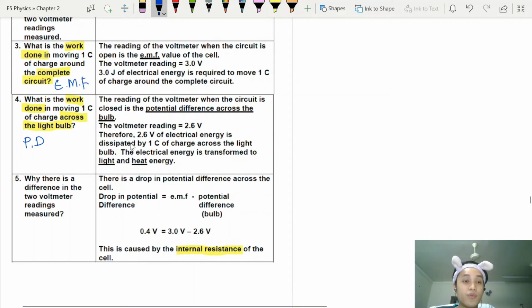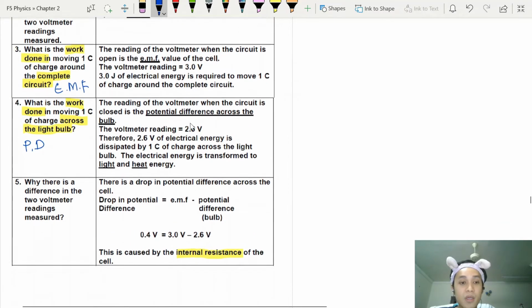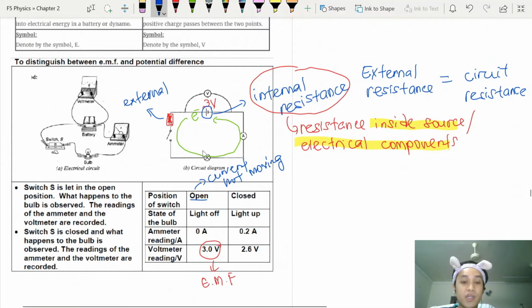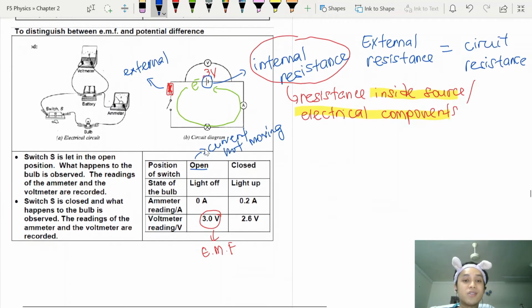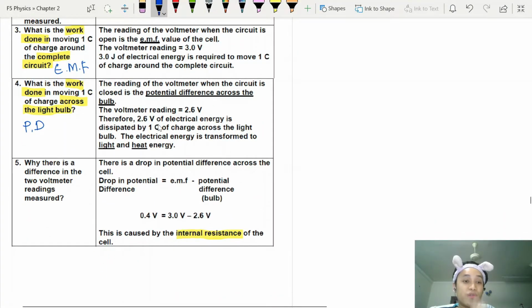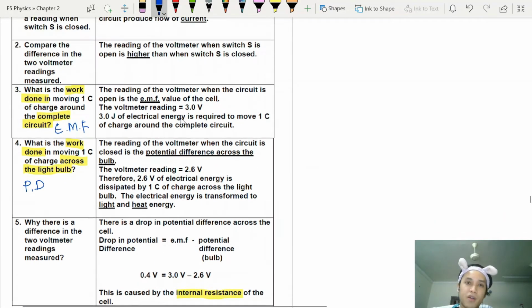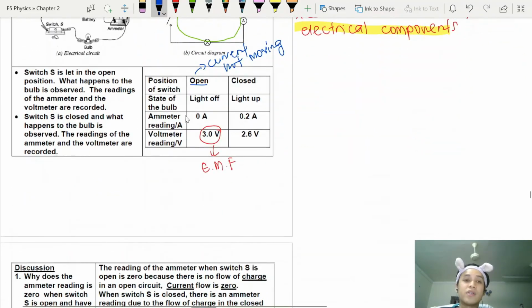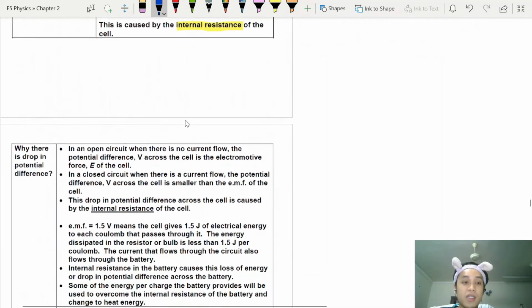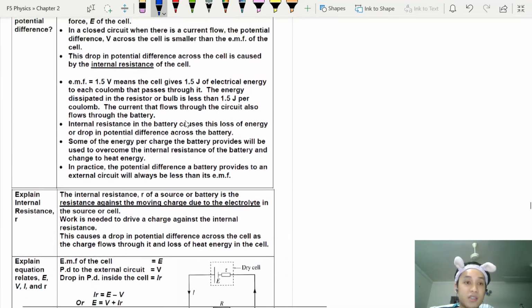So if we say that the light bulb is taking 2.6 volts, meaning that they are supplying 2.6 volts of energy, and then the light bulb will convert the electrical energy into light energy. Meaning the 2.6 joules of energy will be converted into light, and also heat. Later we'll talk about efficiency. So technically that is internal resistance.